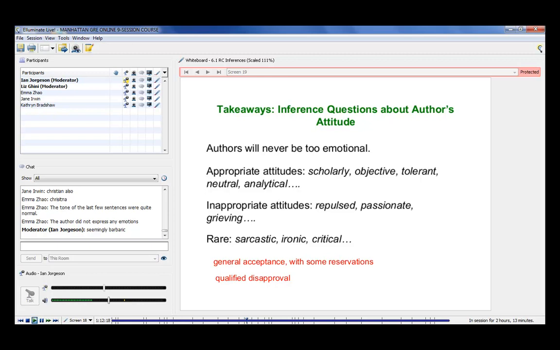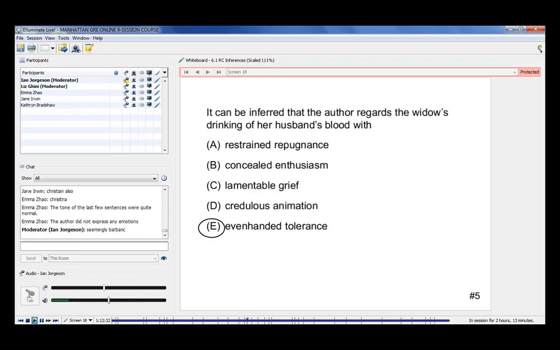But on the GRE especially, most of the passages end up being pretty academic writing, pretty much scholarly, and so they're not really even as strong as general acceptance or qualified disapproval. But you're essentially never going to see a passage where repugnance is a correct answer or lamentable grief is a correct answer. It's just not going to happen on a test like the GRE. Okay, well done.